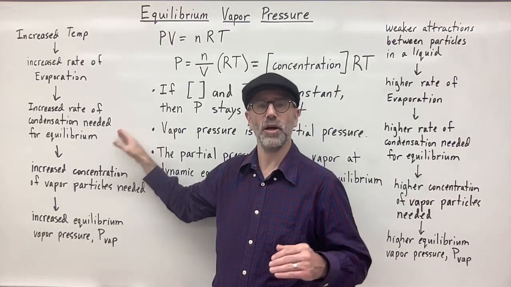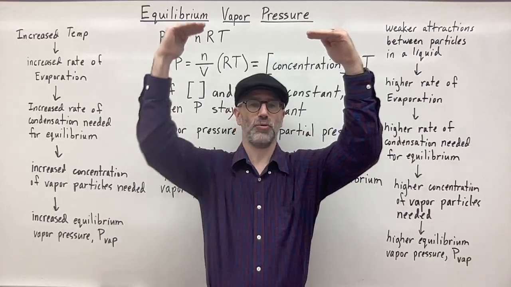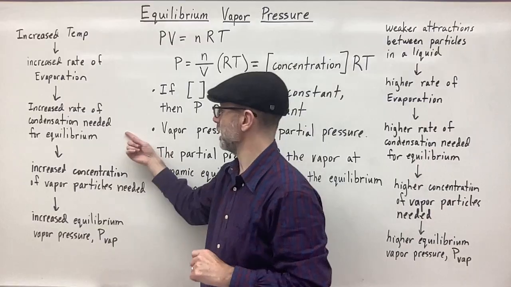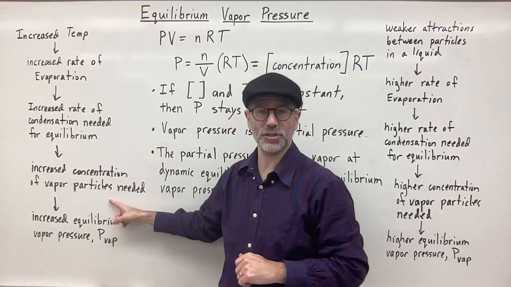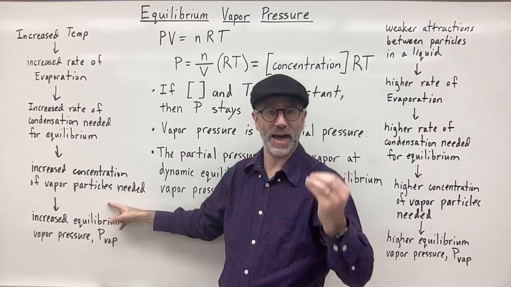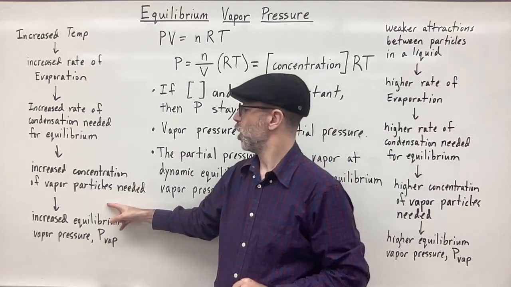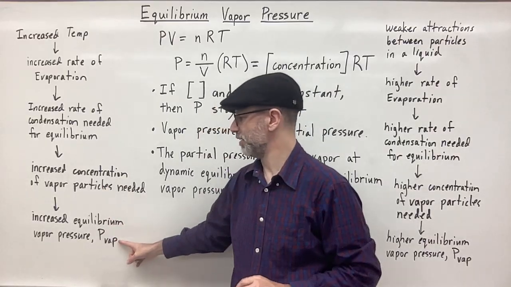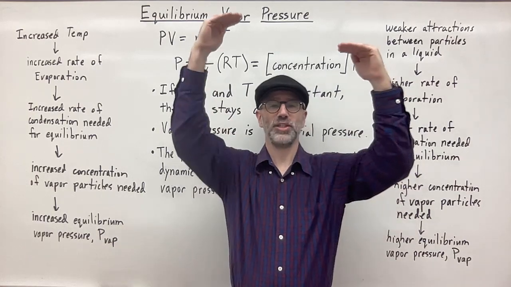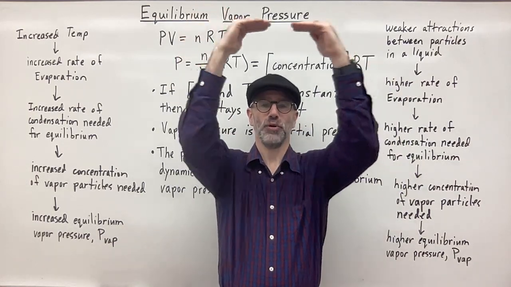Just like I said before, increased rate of evaporation means that you now have to increase the rate of condensation to be equal, okay? Which means that now you're going to have to increase the concentration of vapor particles needed in the vapor phase to get that rate of condensation, which means that now you're going to have an increased equilibrium vapor pressure, because to reach equilibrium you had to go higher.